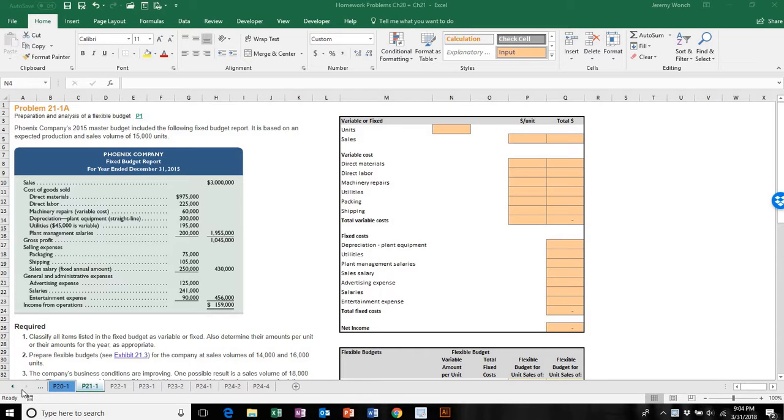And so a flexible budget just adjusts your budget based on, at least in this problem, the number of units. It can also be flexible based on prices or other things, but it allows you to make adjustments to either play out scenarios, or during the year you can adjust it for actual.